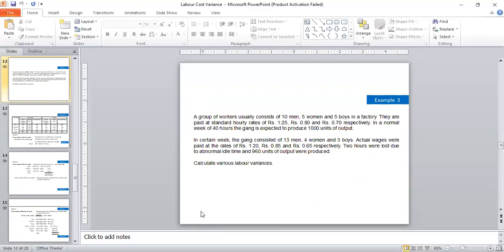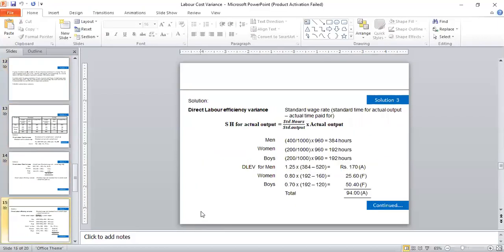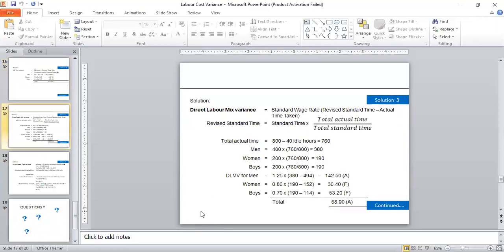We got the values: actual time taken is 494 for men, in case of women it is 152 hours, and in case of boys it is 114 hours.